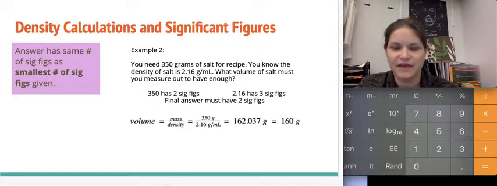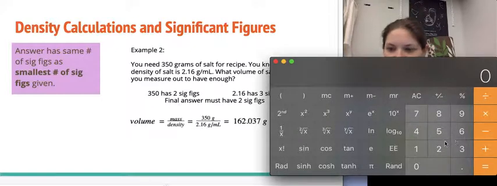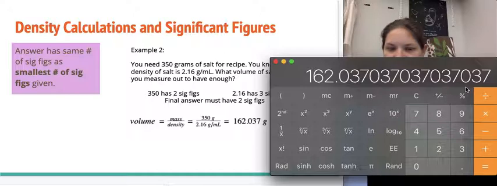So when we do this calculation, volume is mass divided by density. The mass goes on top, 350, divided by the density, 2.16. And when you type that into your calculator, you get a whole big old number. So 350 divided by 2.16 gives me all of this stuff.